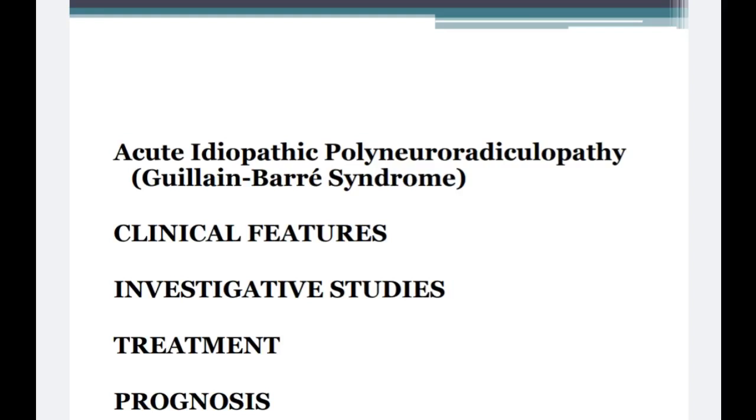AIDP accounts for 80% of GBS cases. Miller-Fisher syndrome is a variant of Guillain-Barré, present in roughly 5% of GBS cases and consists of a triad of ophthalmoparesis, areflexia, and gait ataxia, but patients often have partial presentations.